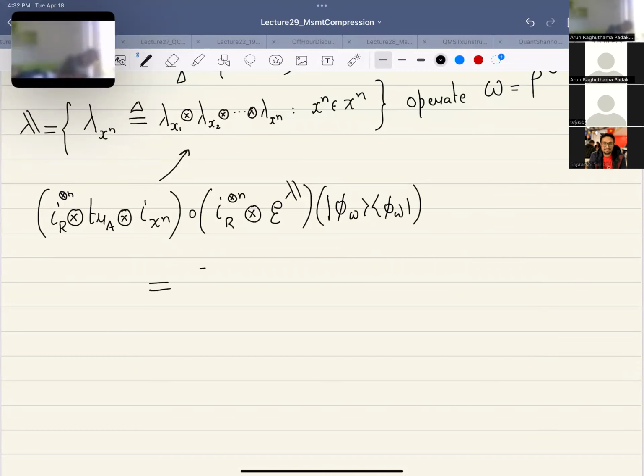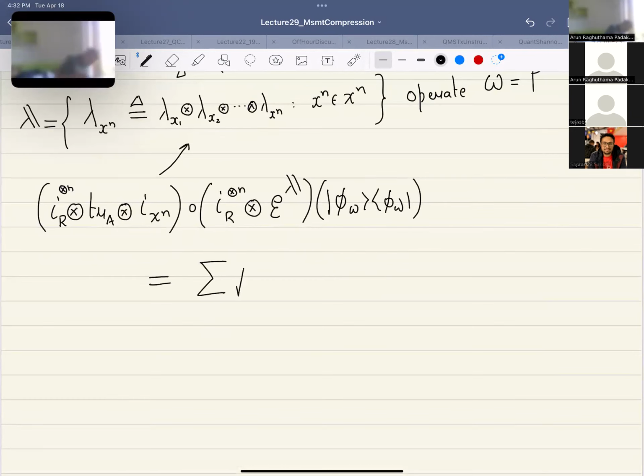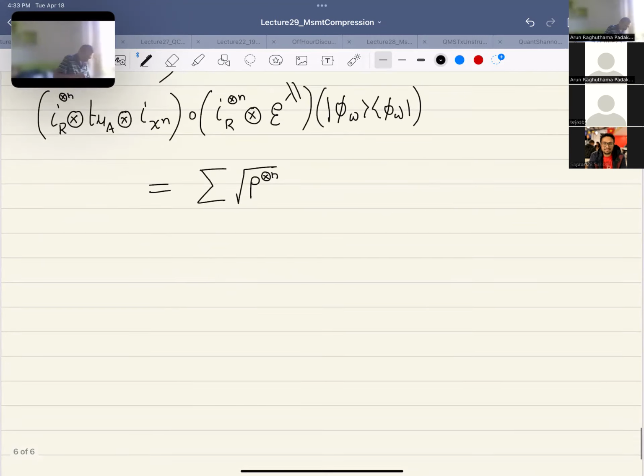I claim, just going through the same sequence of operations, you will show this is root rho tensor n, which is root omega. I'm writing it as rho tensor n just so that you can recognize it. Rho tensor n, lambda xn, rho tensor n, xn belonging to xn. Okay.